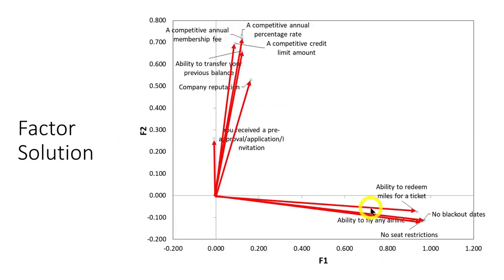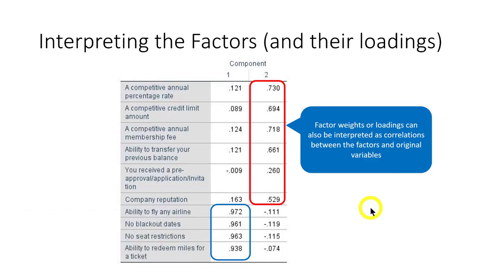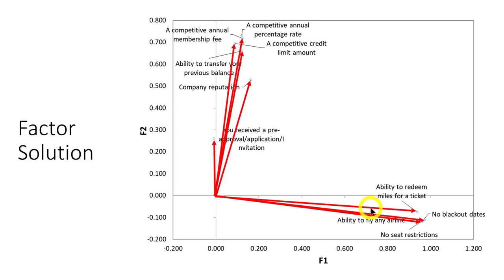And here's a plot of the factor loadings. This is nothing more than a chart of this table. And here we find something interesting, is that factor 1 and factor 2, which are the vertical and the horizontal axis, they don't align perfectly with the variables.